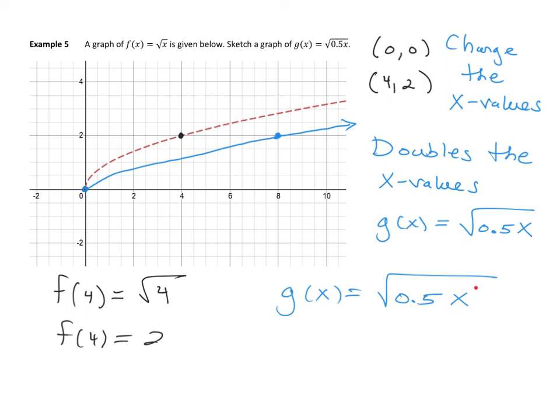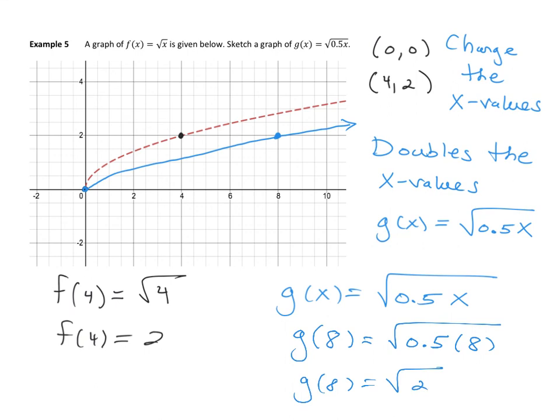In fact, it's 8. You have to put an 8 here because half of 8 gives you 4 back. So you have to put 8 into this function so that when you multiply everything under the square root, it gives you the square root of 4, which we know is 2.